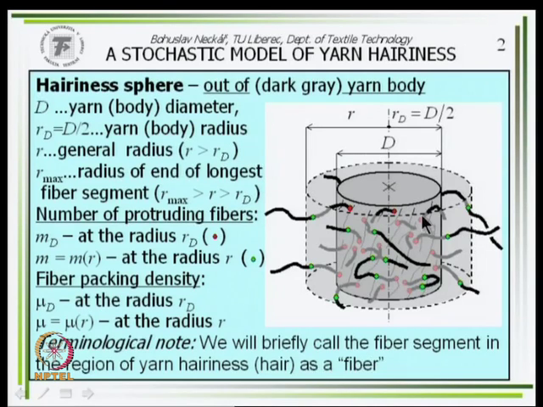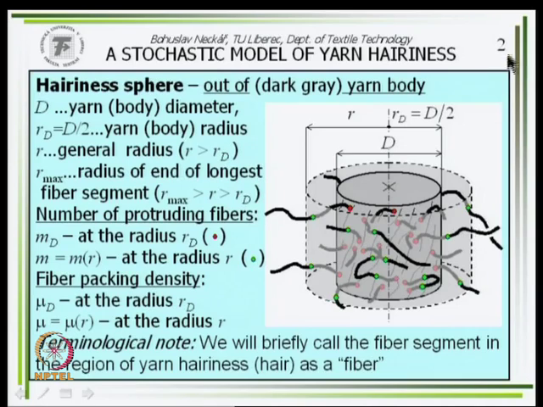A number of protruding fibers. At the radius rD, it is the surface of the yarn body, the compact part of the yarn body. On this, the number of protruding fibers is mD. I can say the number of our red points is mD.